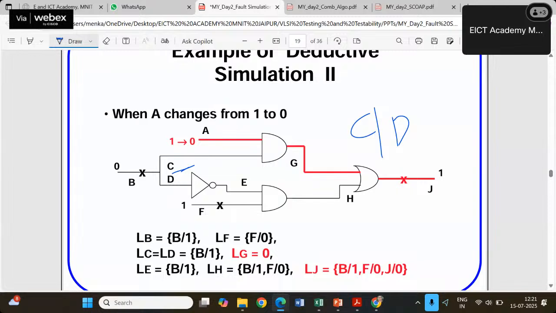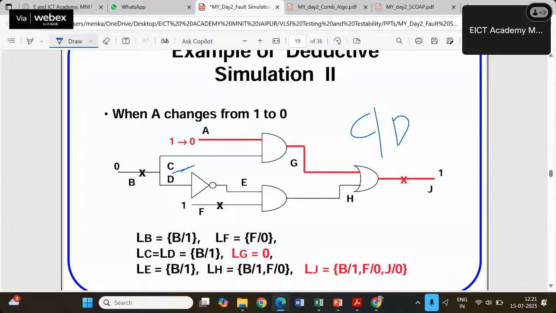I'm not getting this one because for the C branch, the fault propagated from B is only available. I will send him a request. If somebody else has some question, please feel free to ask. Okay, if he is not available, let us move to the next topic.